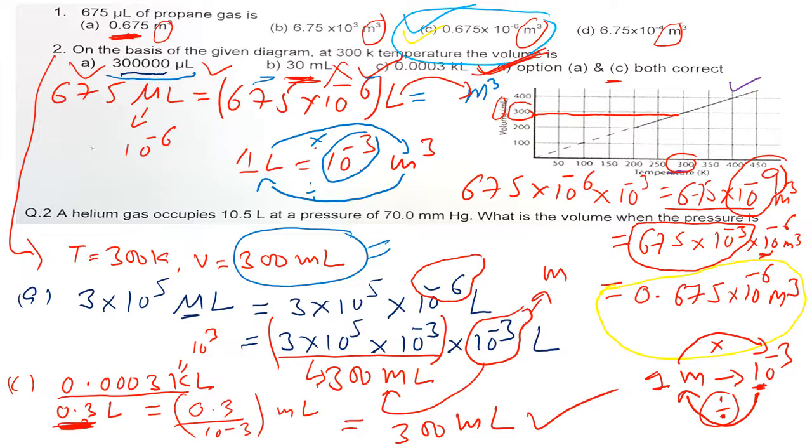Now this is meter cube, and here this is meter cube. Here there is no power, so this number and this number are not matching. And here some power is coming, so this power is not the same here.